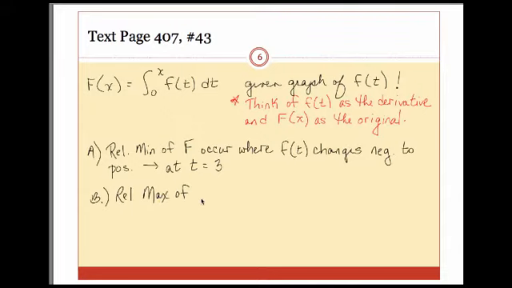Now the next one asks us about the relative maxima. Think about what we did before when we were given the graph of the derivative, how we knew where the relative maxima were. What were we looking for? Weren't we looking to see where that derivative goes from positive to negative?